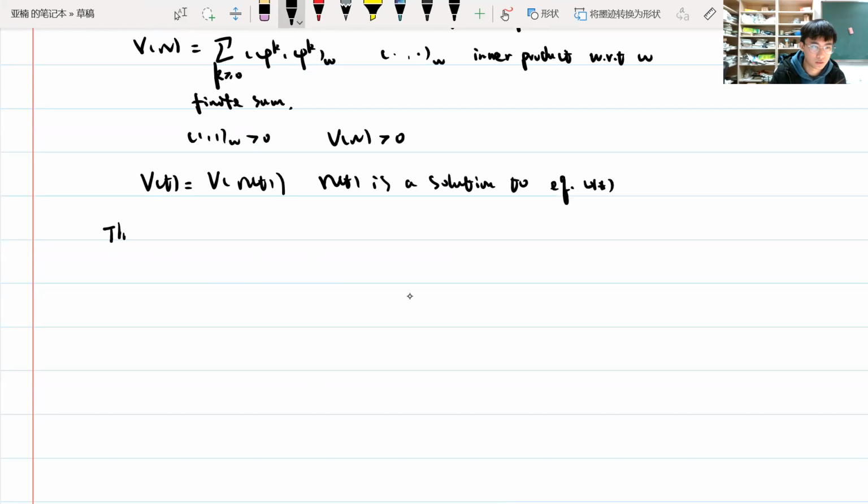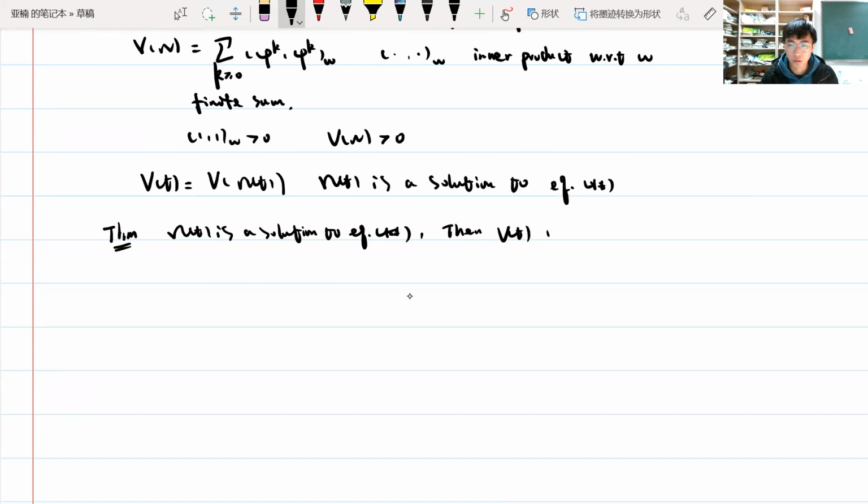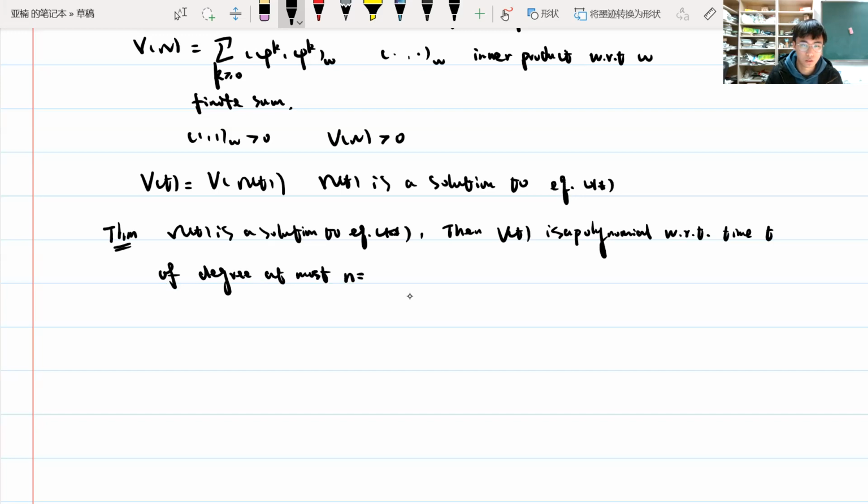And we prove that if omega_t is a solution to the flow, then V(t) is actually a polynomial with respect to time of degree at most n, where n is the dimension of the manifold.